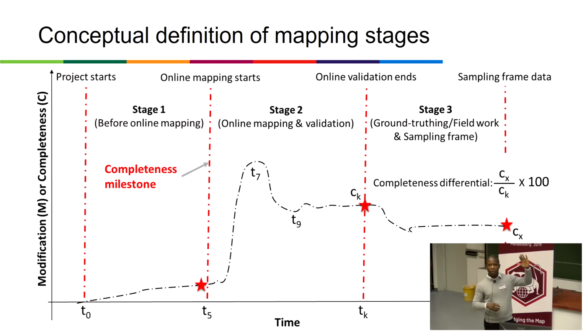In stage 2, we have just digitized from the satellite imagery, and in stage 3, we've done the fieldwork and wanted to compare the two. We are framing this as completeness differential, just to compare and know the differences.